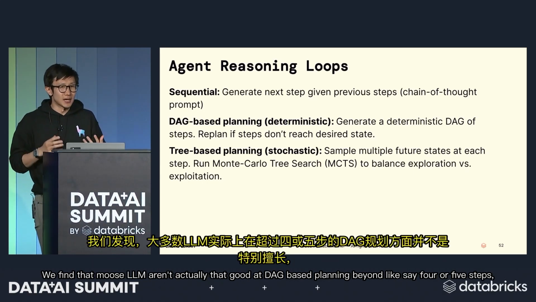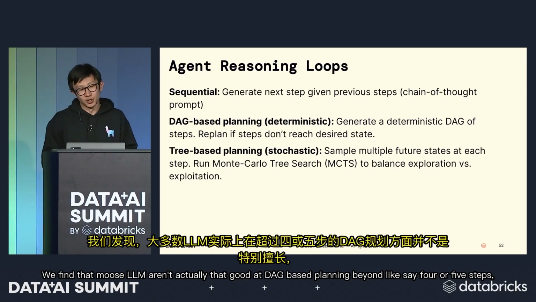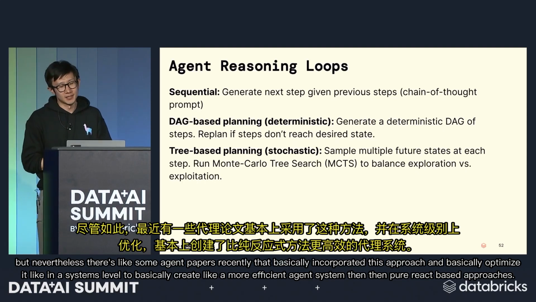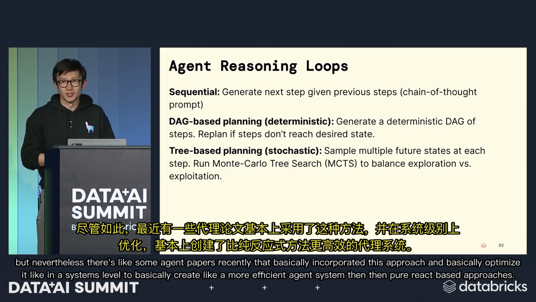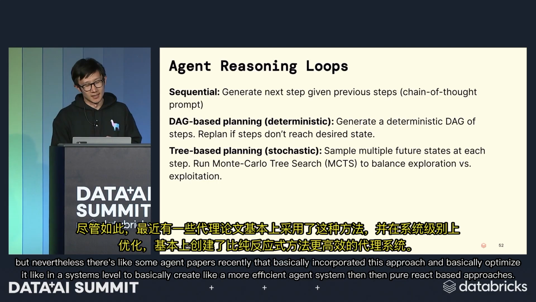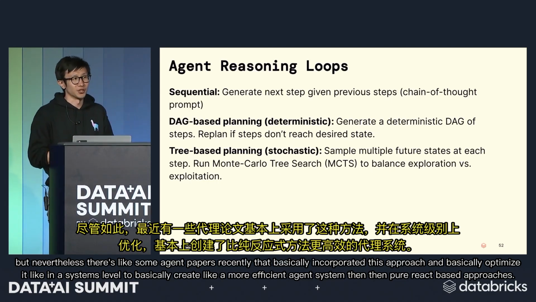We find that most LLMs aren't actually that good at DAG-based planning beyond say 4 or 5 steps. But nevertheless, there are some agent papers recently that incorporated this approach and optimized it at a systems level to create a more efficient agent system than pure ReAct-based approaches.